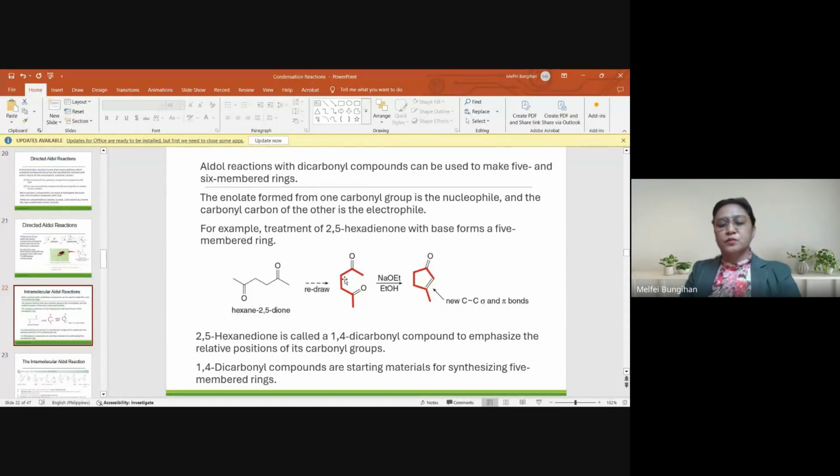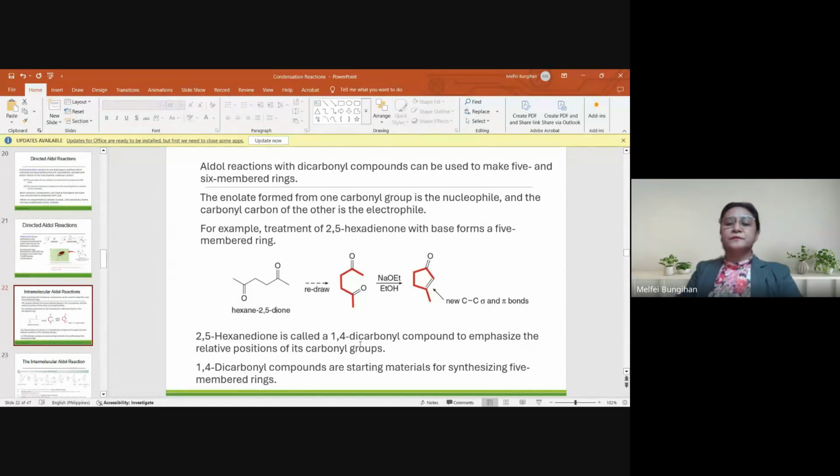You look at your alpha carbon, and your alpha carbon can be this or this. We also have alpha here and alpha here.